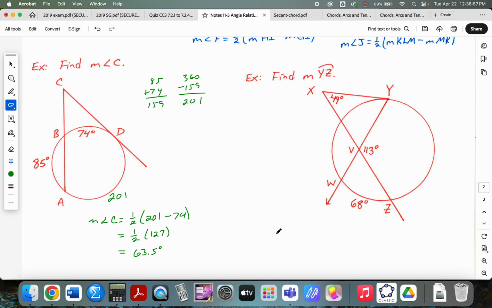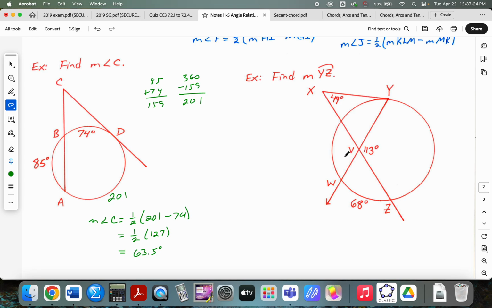This next one is pretty involved. You actually have to do two different things in order to get to arc YZ. Let's see what we can do with it to start. If we're looking for the measure of arc YZ, well, its measure would be involved with this 113, right?